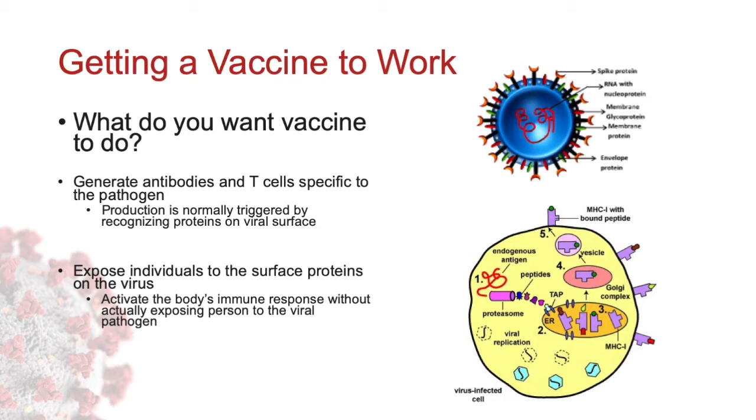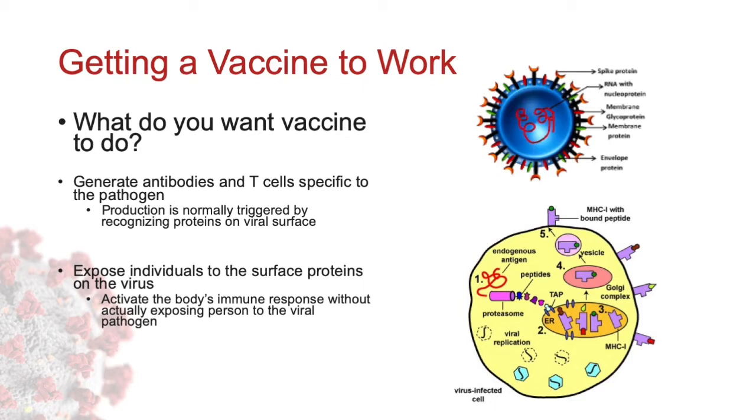When the virus gets into cells, it starts making its proteins, particularly the spike protein, and the cell will advertise them on its surface. The infected cells display pieces of these proteins on those molecules you can see in purple on their surface. They advertise that to the immune system, and then the immune system responds, hopefully by generating antibodies and T cells through a variety of complex mechanisms.